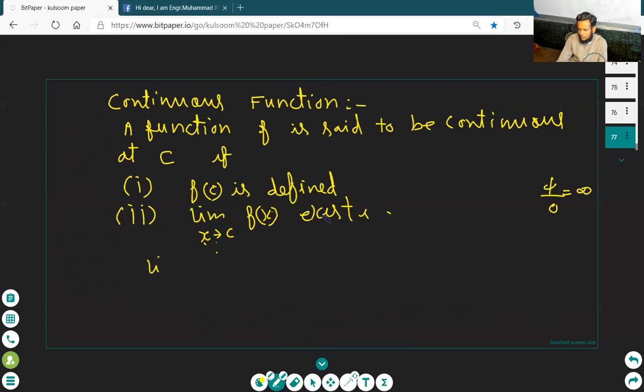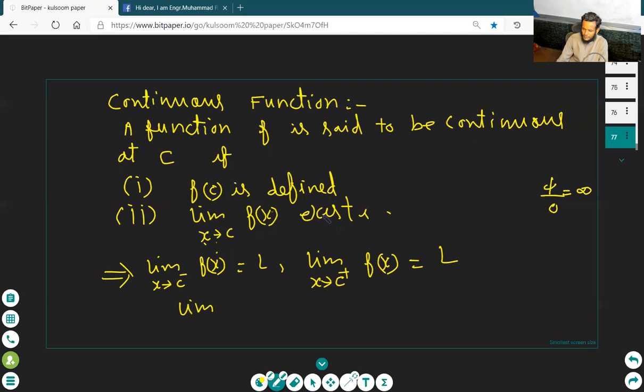Limit x approaches c from the negative side of f of x is equal to L, and limit x approaches c from the positive side of f of x is equal to L. And when both are the same, then we say the limit exists. Clear?